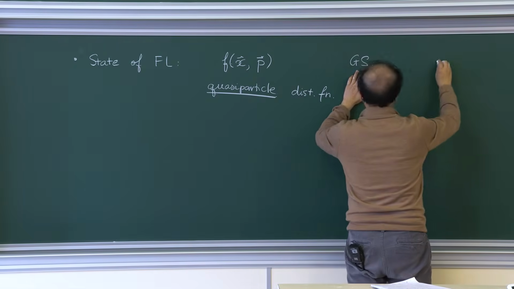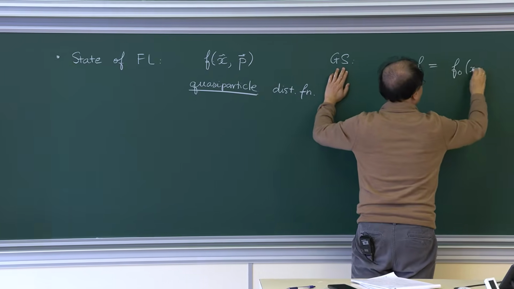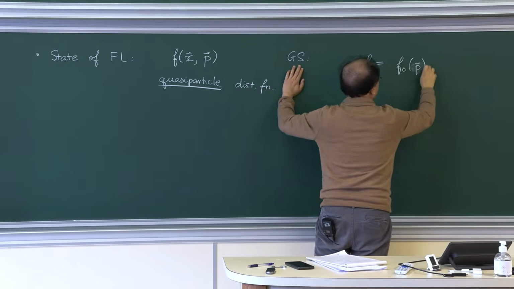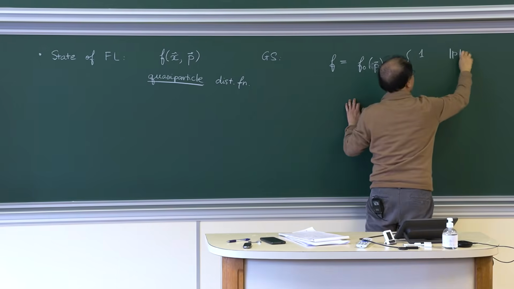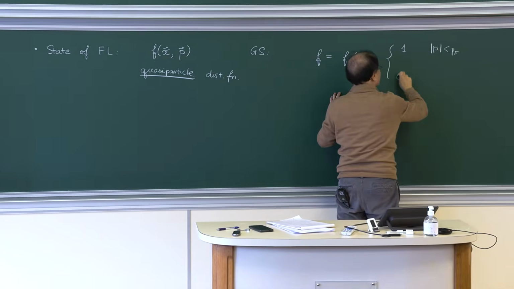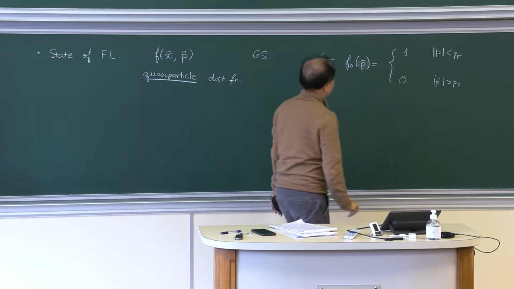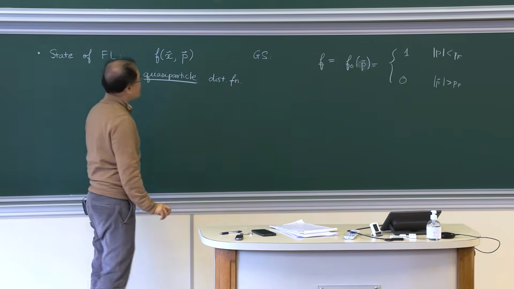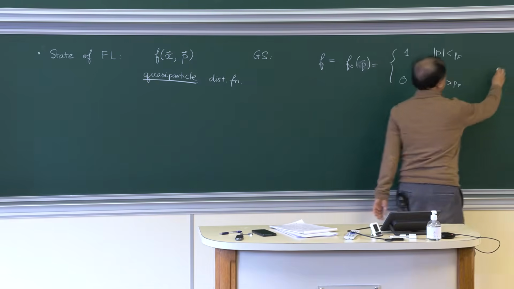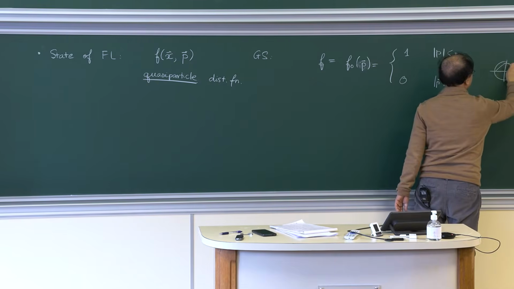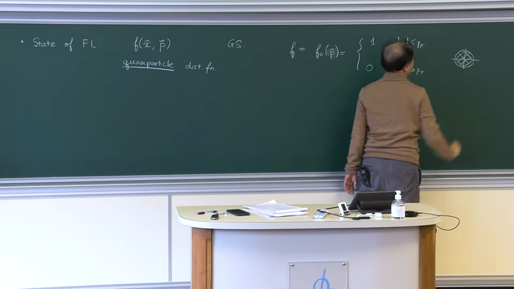So the ground state corresponds to f equal f0 of p. f0 is a function of only p, and it is equal to 1 if p is less than pF, and 0 if p is larger than pF. In terms of the quasi-particle, the ground state looks like a filled Fermi sphere in momentum space with a sharp dividing surface called the Fermi surface.